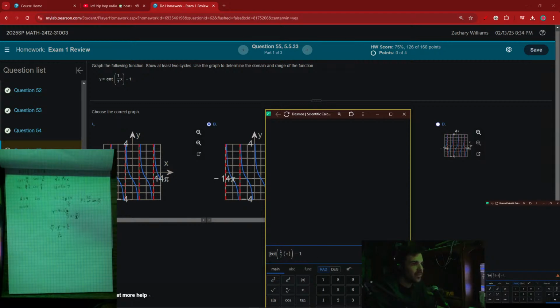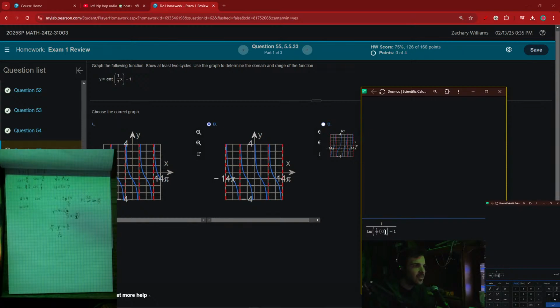Alright, negative 1. So it looks like cotangent can have an x value of 0.